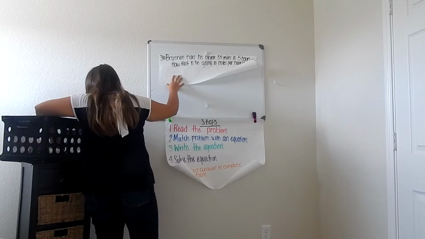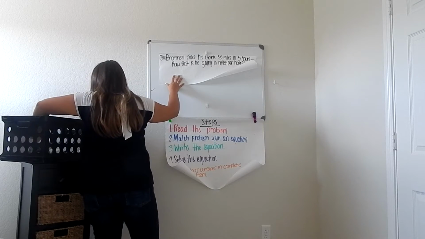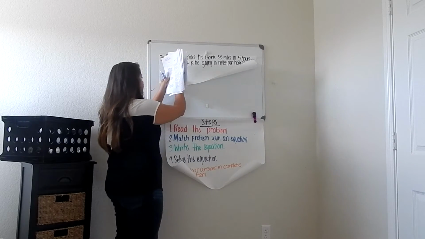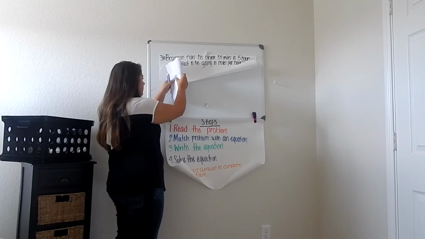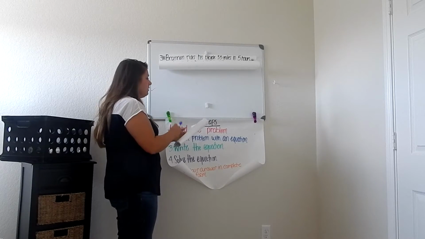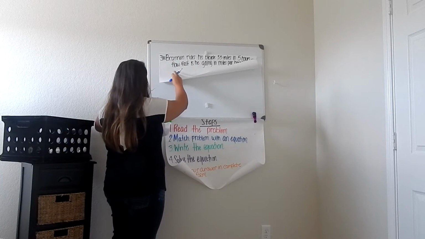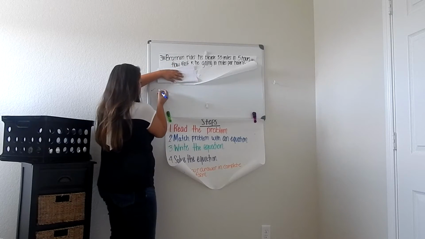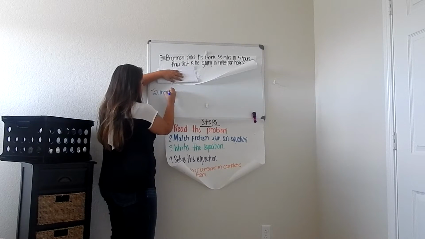Then we're going to match the problem to an equation. Can somebody tell me what they think we're going to be trying to find here, what the equation may be? Good job, Sue. Yes, we are trying to find how fast he's going per hour. So, we're trying to figure out miles per hour.